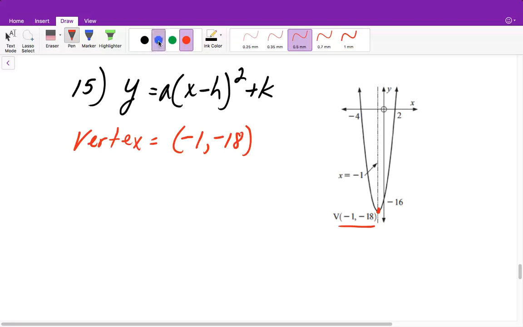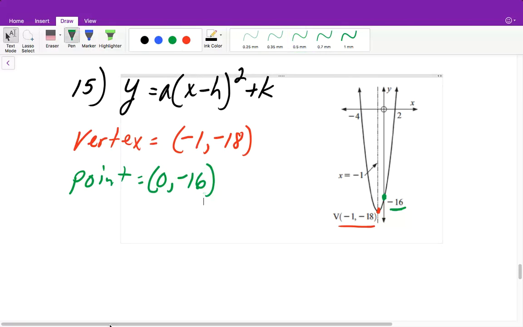And then if you see here, this is our y-axis. And it tells me that at this intersection it's equal to -16. And on our y-axis, we're not moving anywhere left or right for the x. So our x value is 0. So it gives us the point 0, -16. And now we need to solve for this equation.